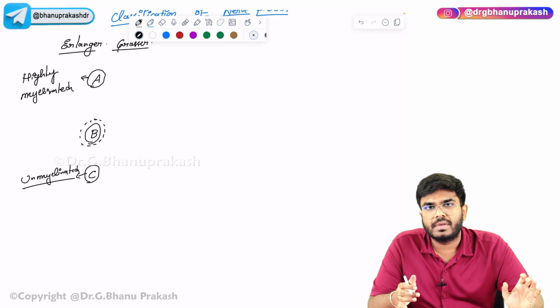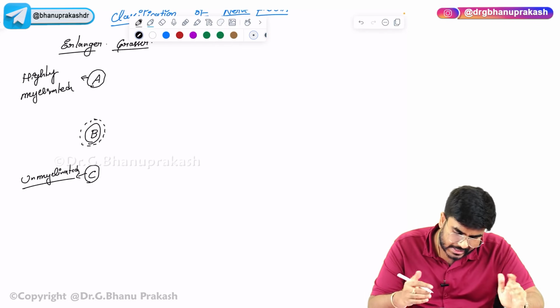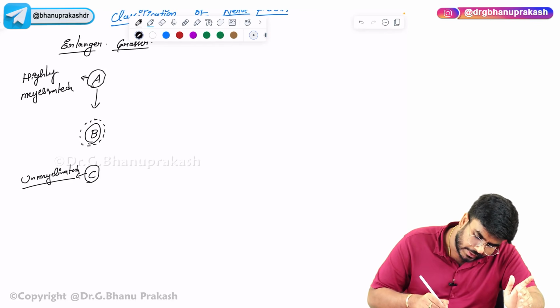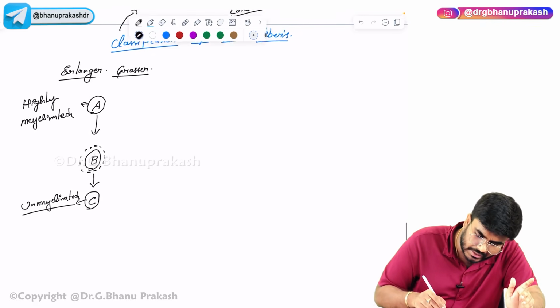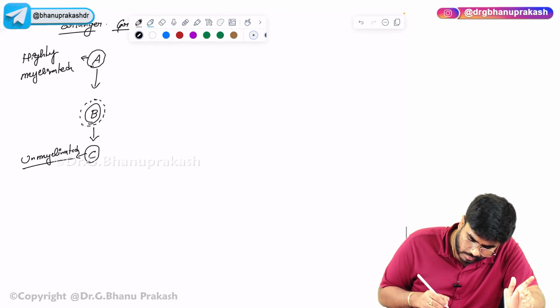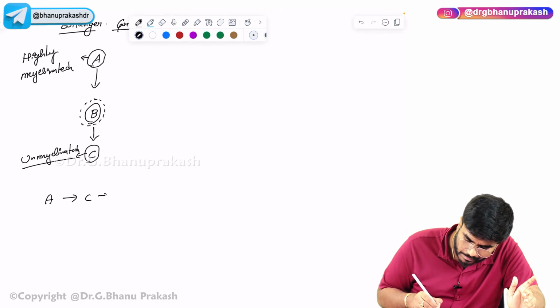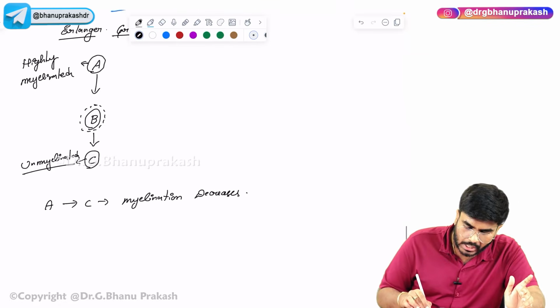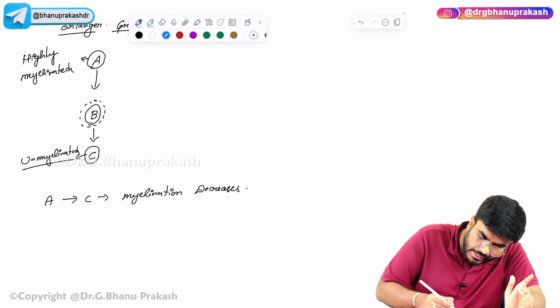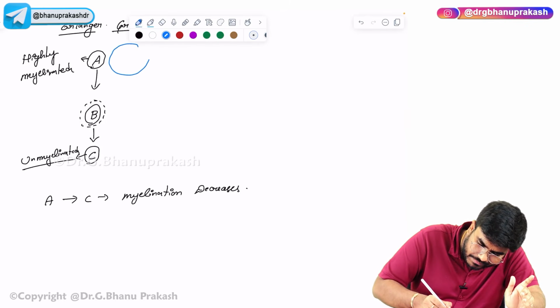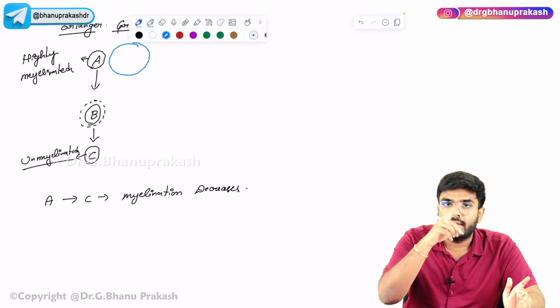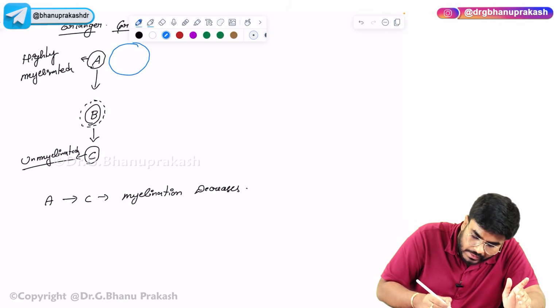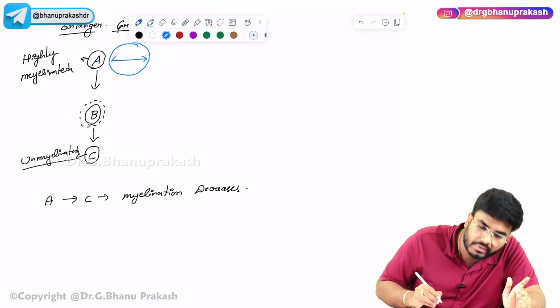So when you are going from A to B to C, what happens to the myelination? Myelination decreases. And not only that, A fibers are actually very big in size. The A fiber axons have more diameter.